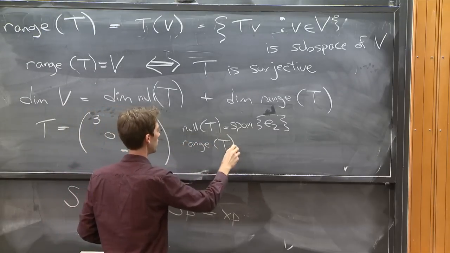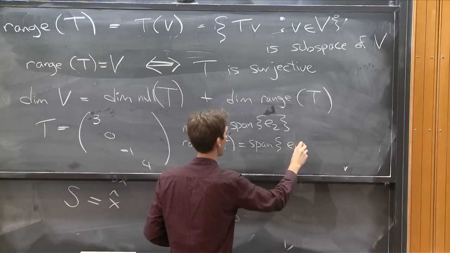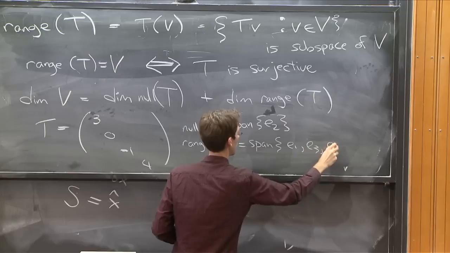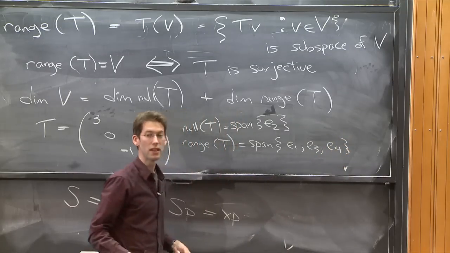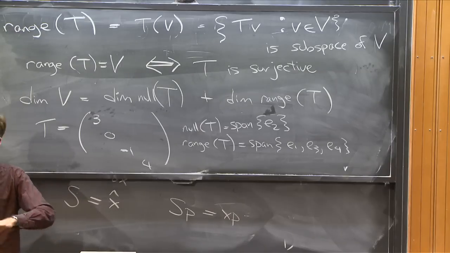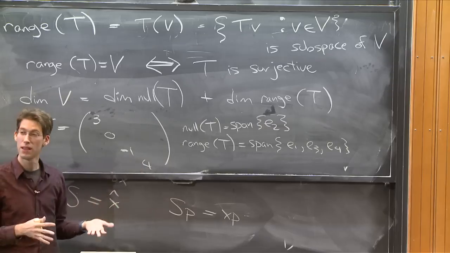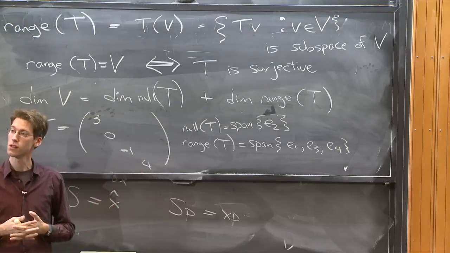And the range would be the span of E1, E3, and E4. So in fact, usually it's the opposite that happens, right? The null space and the range are, in this case, actually orthogonal subspaces.